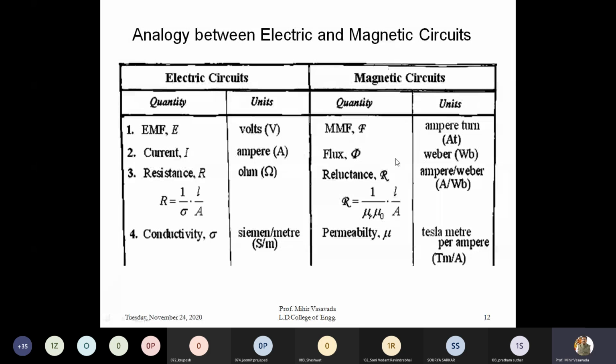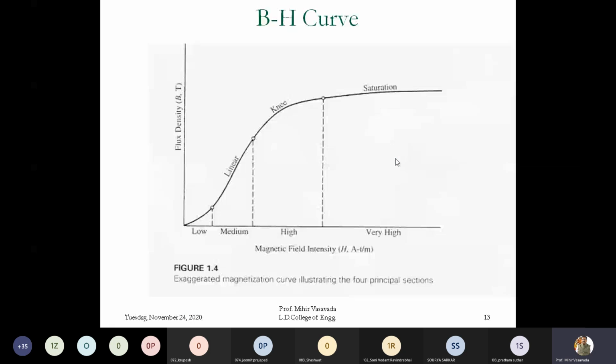So now the BH curve. B is the magnetic flux density, phi by A. H is the magnetizing field strength.